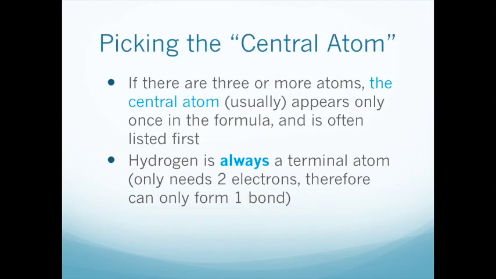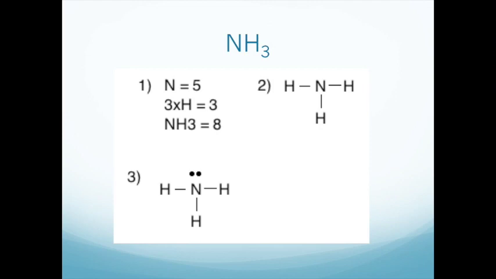So, picking the central atom. If you have 3 or more atoms, the central atom usually appears only once in the formula and is often listed first. Another handy trick is that hydrogen is always a terminal atom because it only needs 2 electrons and can therefore only form 1 bond. Here is an example, ammonia, or NH3.